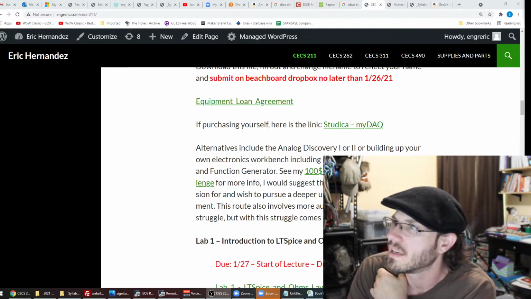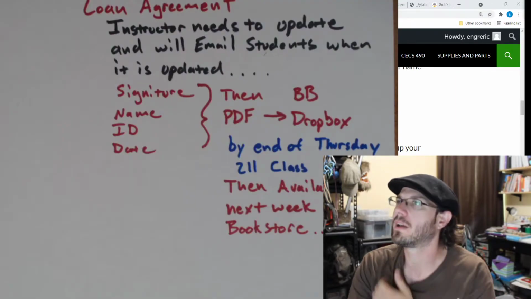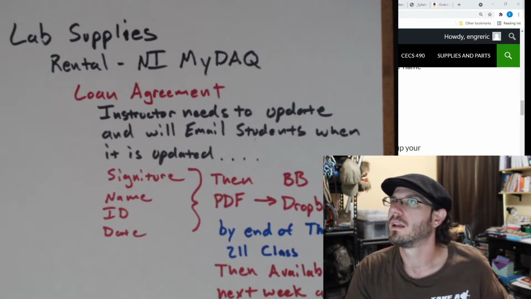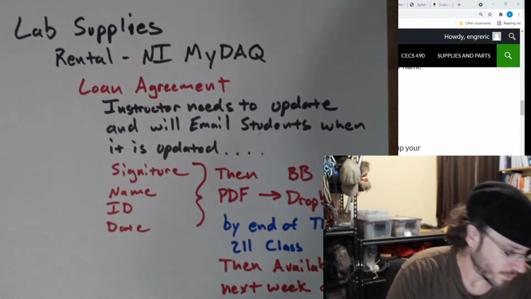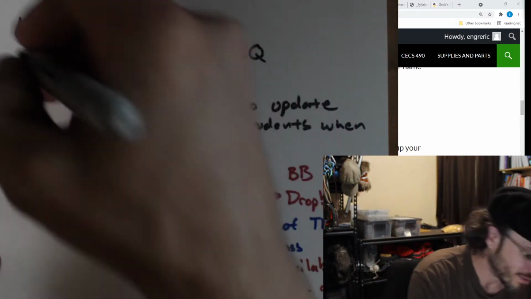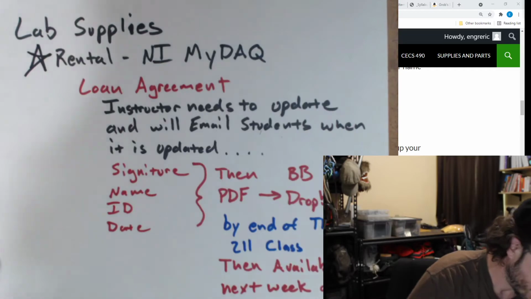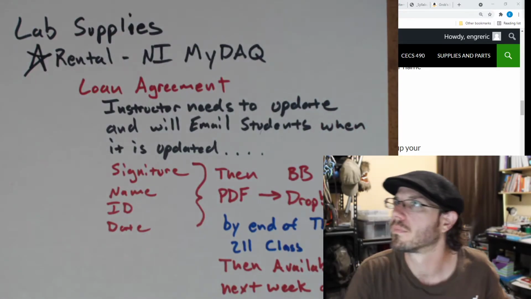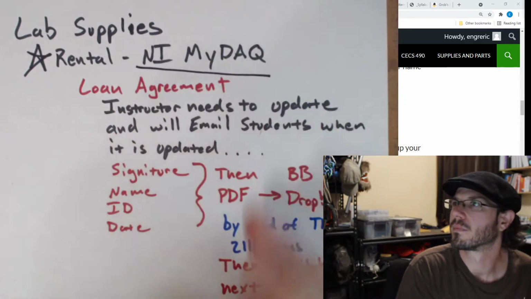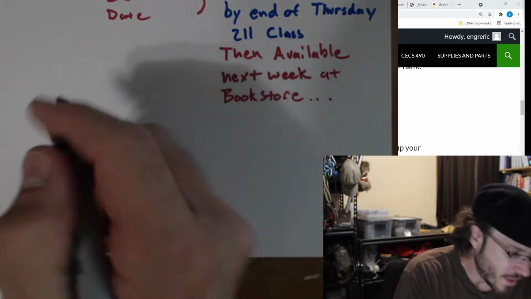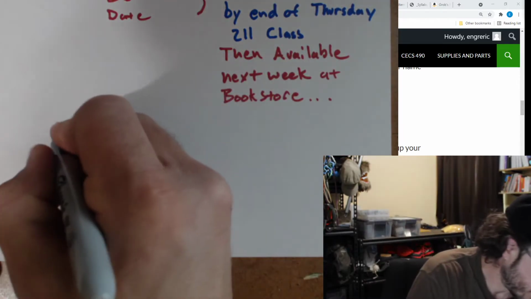Okay, what's next? We were on the topic of lab supplies. We got one down. We still have two more to go. Next up. This one is for you to buy.